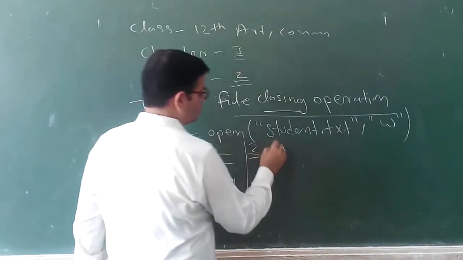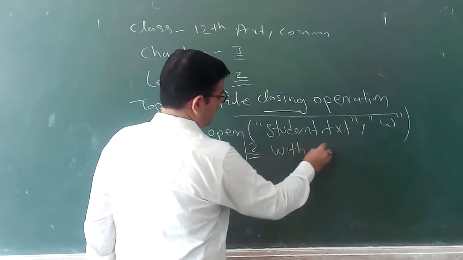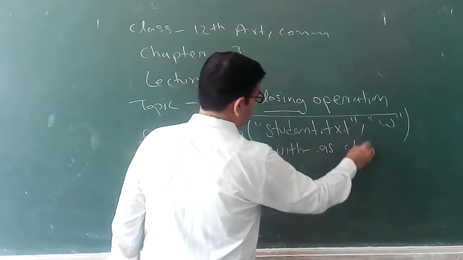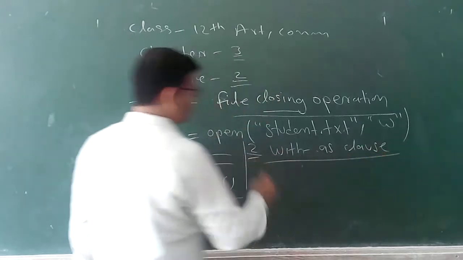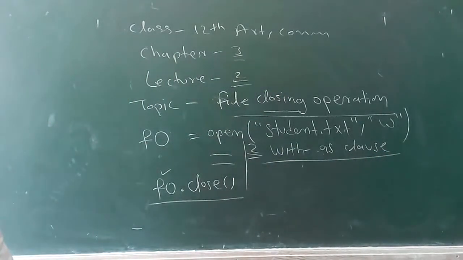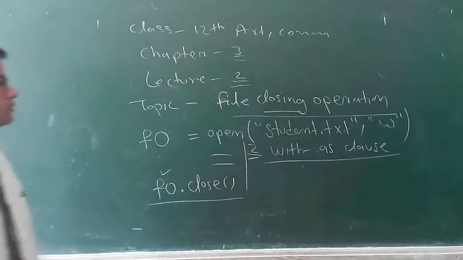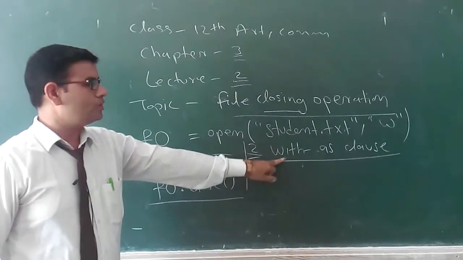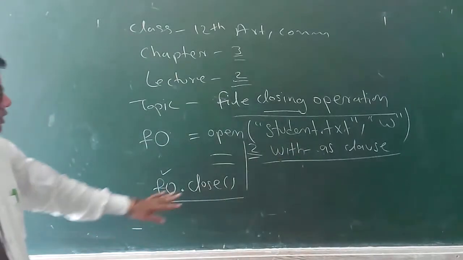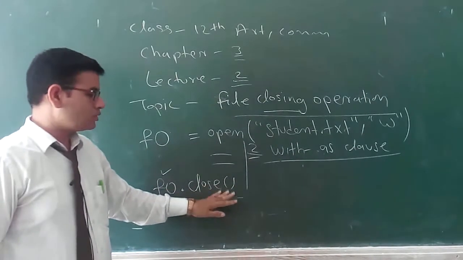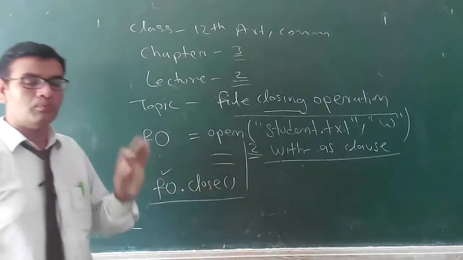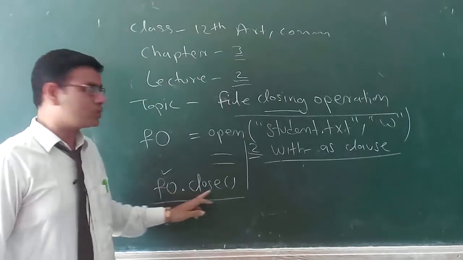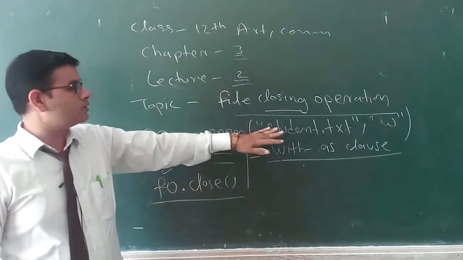The second method is known as with as clause. So what is the difference between the close operation and with as clause? With the close operation, we have to write fo.close manually.